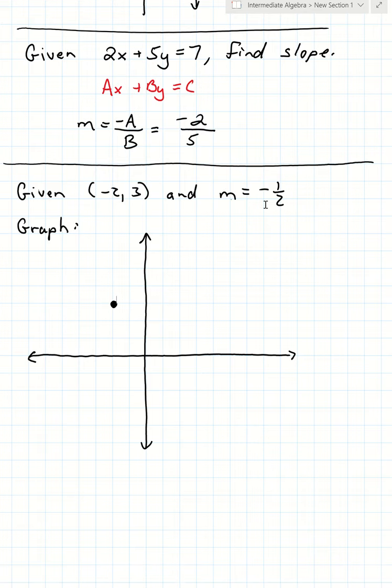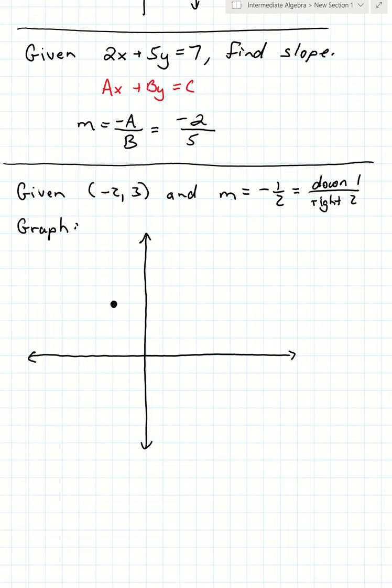Now, since we have a slope, we have direction. We know how we can move. I have to go down 1 because the 1 is negative, and I have to move to the right 2 units. So let's do that. I'm going to start here, and I'm going to go down 1, but then I have to move to the right 2.